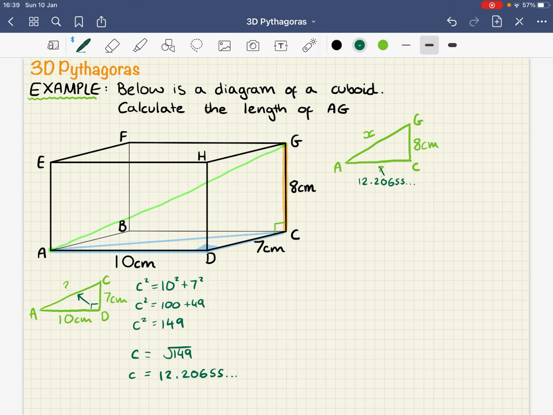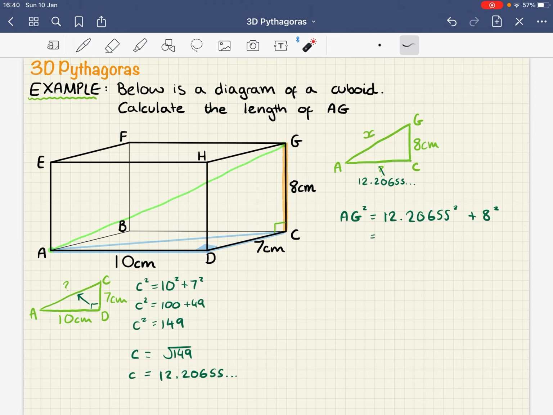So now I want to find out what my AG is, and I'm going to write that now as AG squared. AG squared is going to be that 12.20655 squared plus the 8 squared.